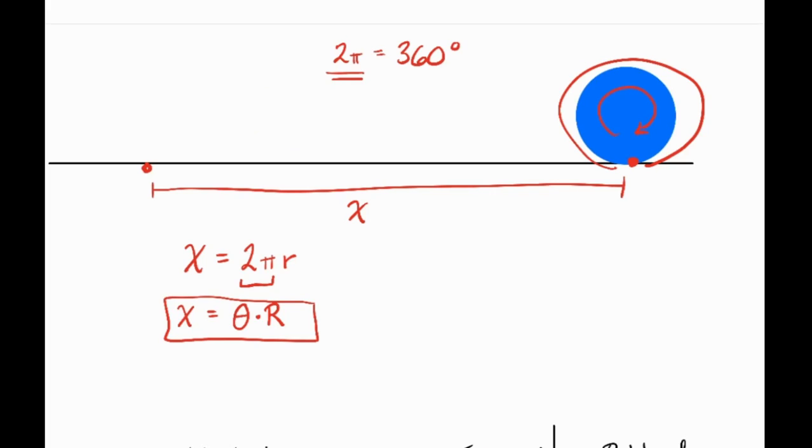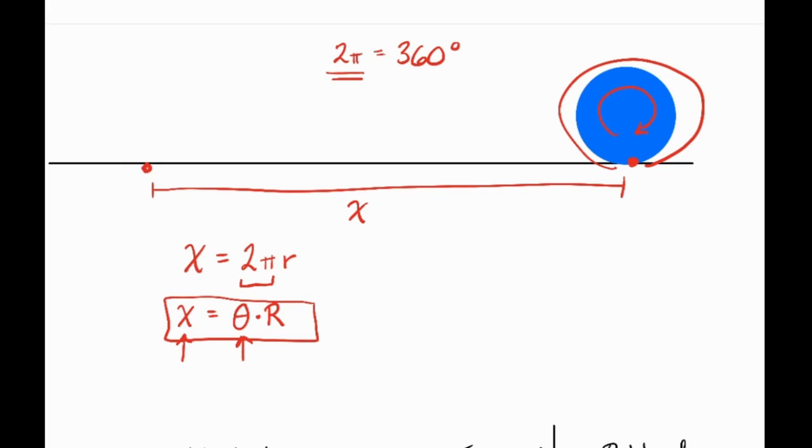So if I had it rotate 1.2 radians as that angle here, then I could figure out how far it would have rolled. Or vice versa. Maybe it rolled 1.2 meters, and I then could figure out the angle that it has rolled, assuming that I know what the radius of this circle is.